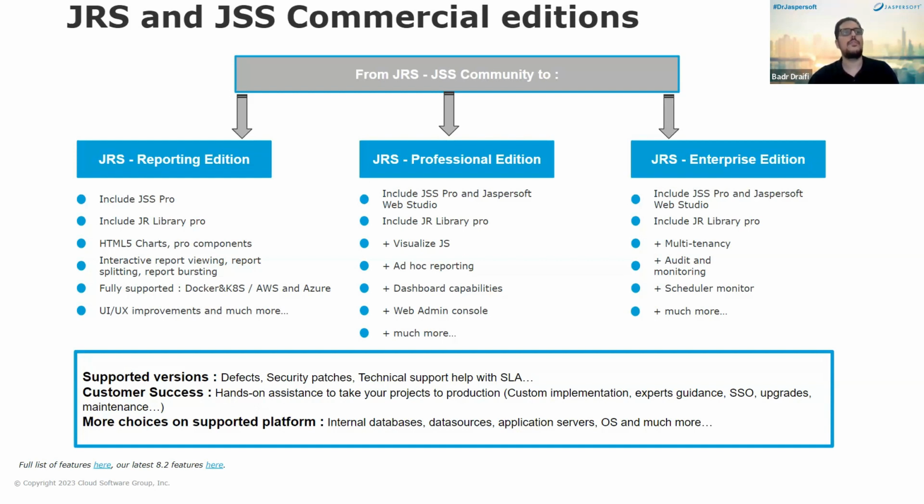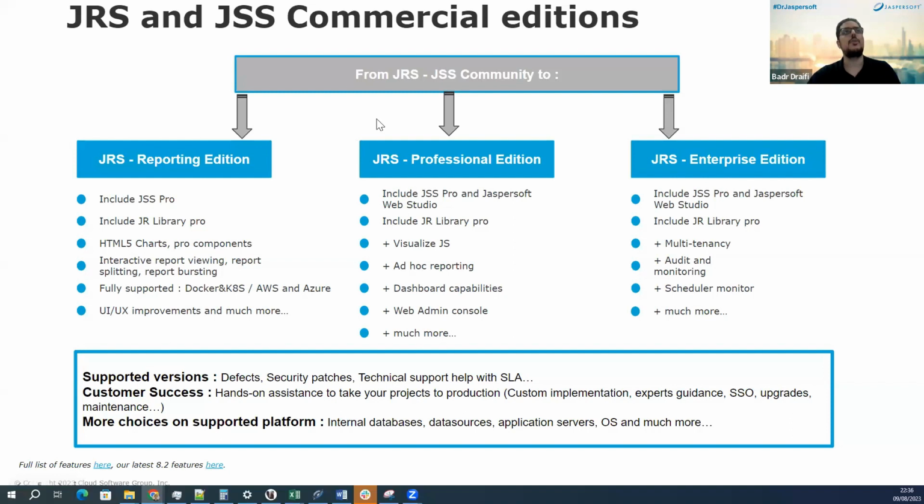And for all of the features, guys, this is in the slide. You can go here. This is the list of all of our features and our latest 8.2 features as of now. For now, the latest version is 8.2. So you can click here and you will see all of them. We're just going to show you quickly here.